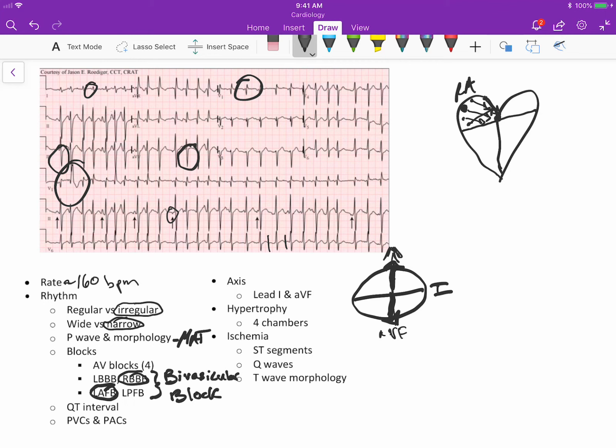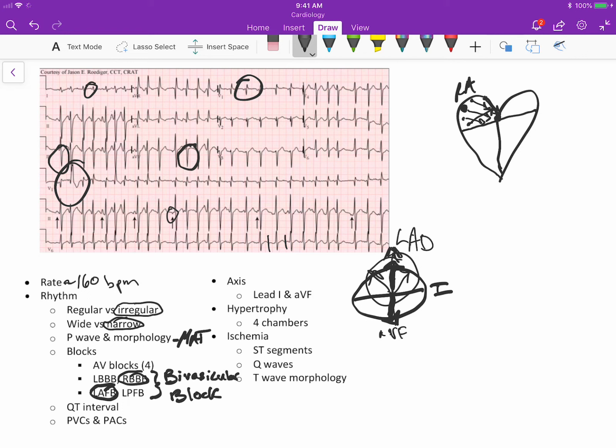So again, it's pretty equivocal in lead 1, so we know that it's kind of perpendicular to that. And then if we look at AVF, we see that it is more negative, so it's going away from AVF. So we know we're somewhere in this range. It could be here, could be here, but nonetheless, this is going to be left axis deviation or extreme right axis deviation, one of the two. We'll call it left for now.